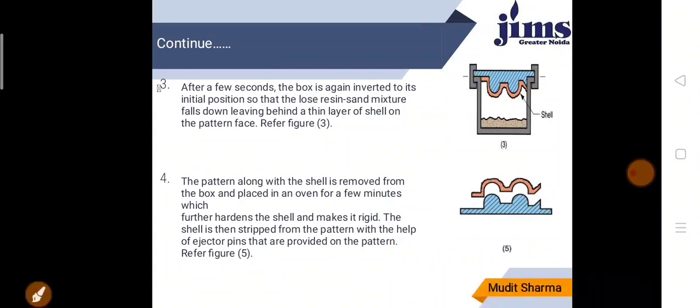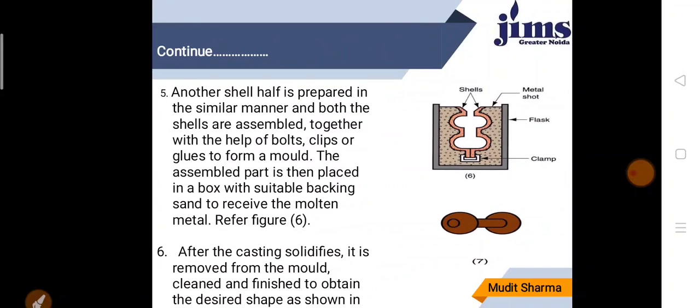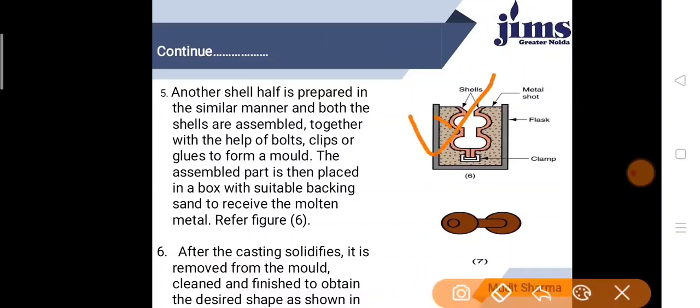Now the next step: the shell mold with the pattern is heated in an oven at about 300 degrees centigrade for 15 to 60 seconds for curing time. Now the pattern is ejected by means of ejector pins mounted on the pattern.